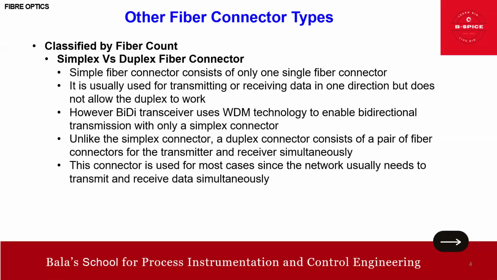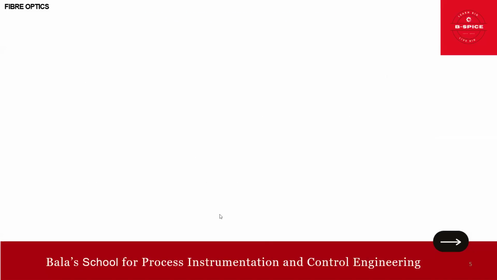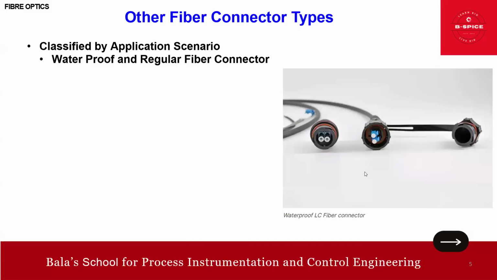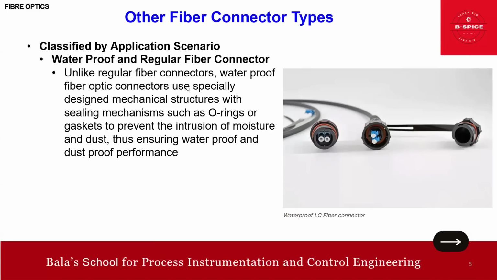So this is about the classification of fiber by fiber count. Then we'll go into the classification by application scenario, which will be very useful also. This is one of the waterproof type LC connectors. Unlike a regular fiber connector, waterproof connectors are specially designed with a mechanical structure with a sealing mechanism such as an O-ring, you can see here, or gaskets to prevent the intrusion of moisture and dust, thus ensuring waterproof and dustproof performance.